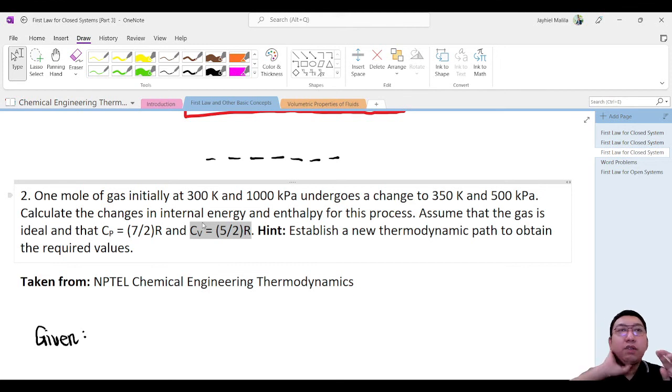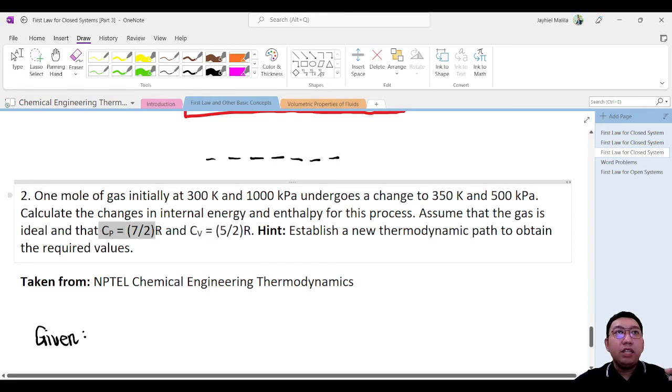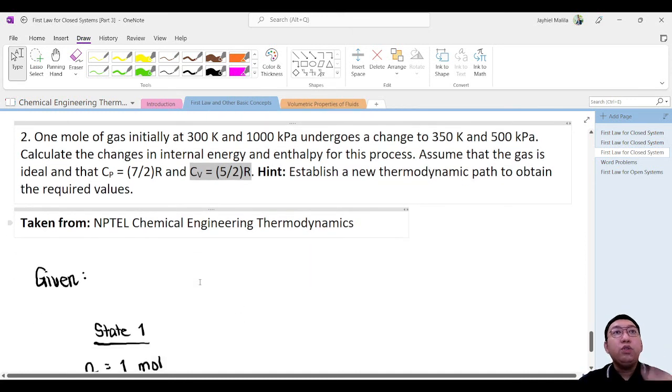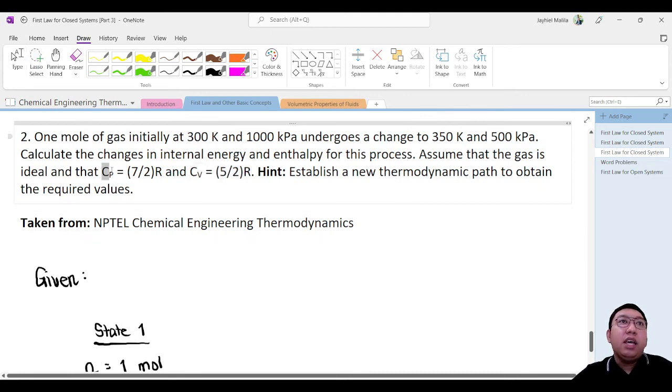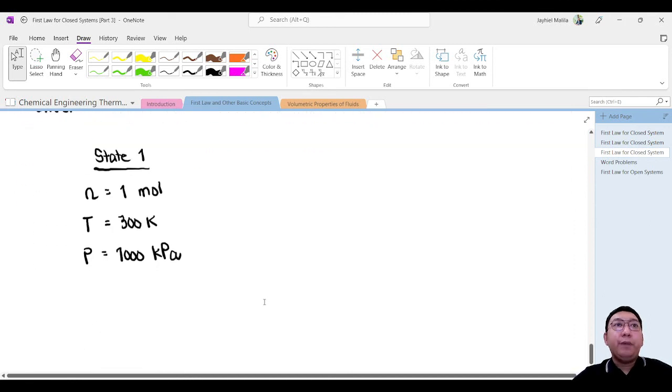There are various types of gases that follow these values for Cp and Cv, and then there are other gases that follow a different value for Cp and Cv. What you need to do for now is just to accept that these are the values for Cp and Cv, which we will use later.